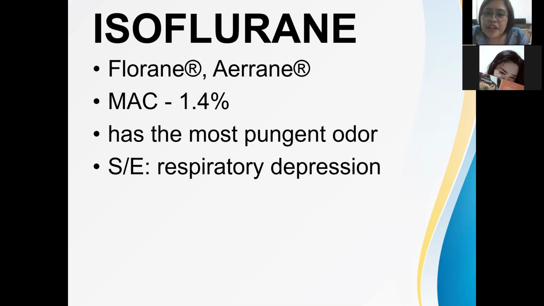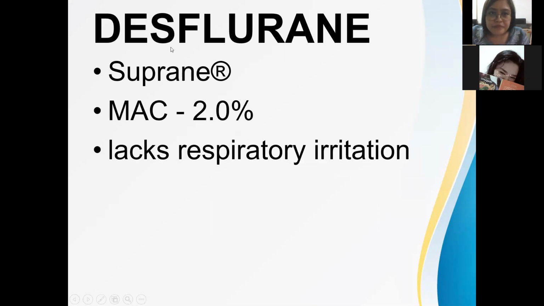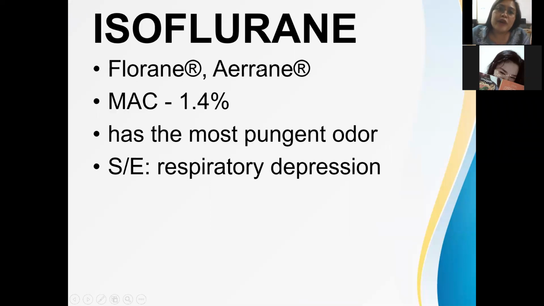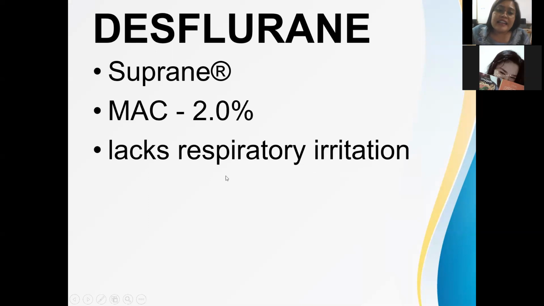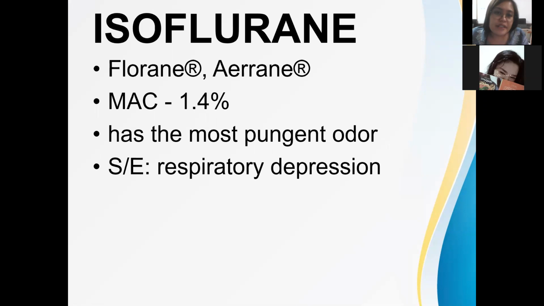Among them, isoflurane has the most pungent odor, and since it has a strong odor, it can cause respiratory depression in our patients. The patient will have more trouble breathing. And then we have desflurane, which is more advantageous compared to isoflurane in that it has no respiratory irritation. So it is not as odorous, especially compared to isoflurane.